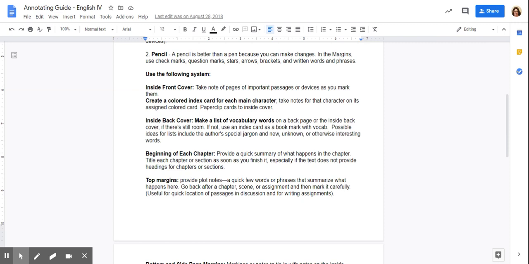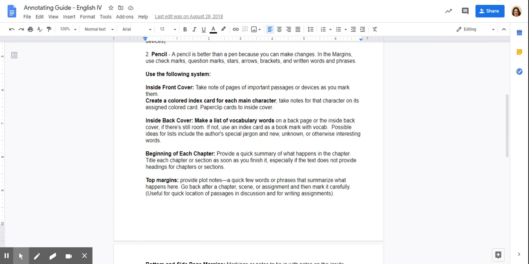Obviously there are not going to be 100 of these throughout the novel, but if you feel like this is really the climax of the story, the turning point for the main character in the entire story, then definitely write that down. Put what page it occurred on and just put turning point or something like that. You don't have to write a big long sentence or paragraph about it. Just put one word that lets you know what was happening in that passage.